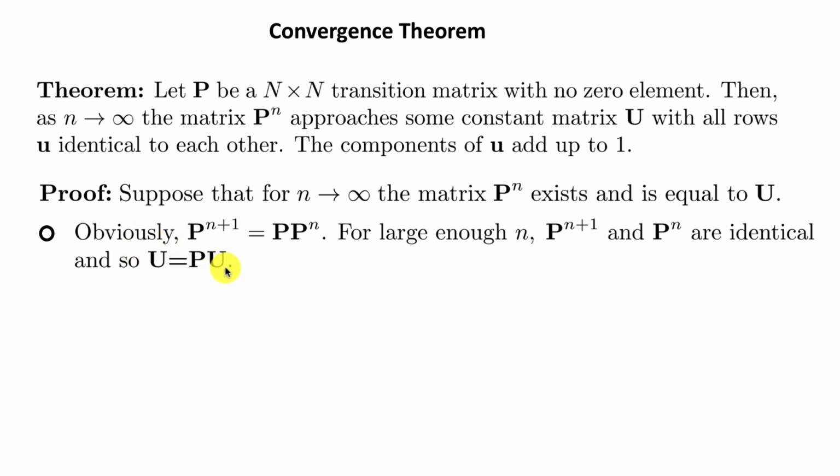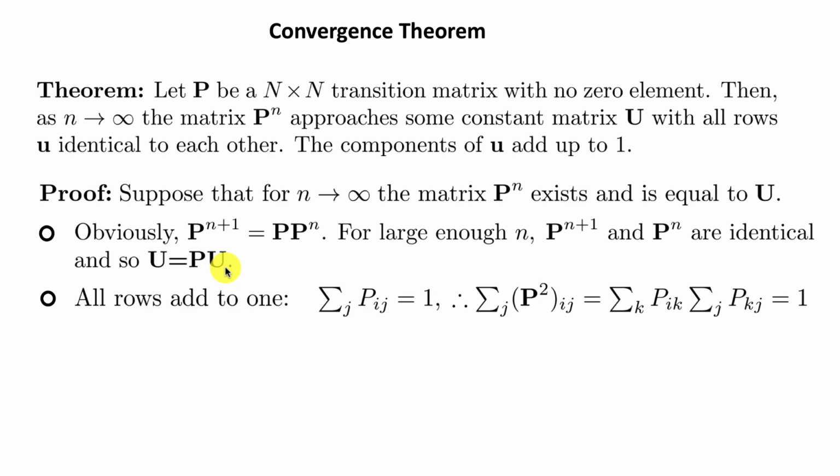So, for large enough n, these two being identical, we will have U is equal to P times U. Now, since the rows of P add up to 1, if you take the rows of P squared, well, the rows of P squared can be got by just multiplying P with itself. So you sum over k over here, and that will be equal to 1 because this condition forces this.